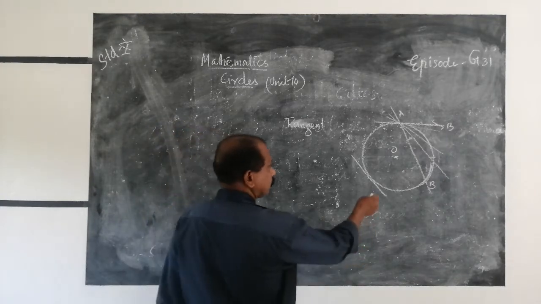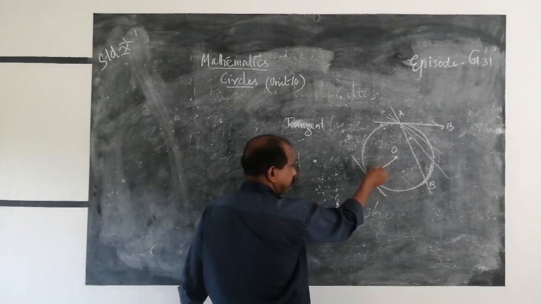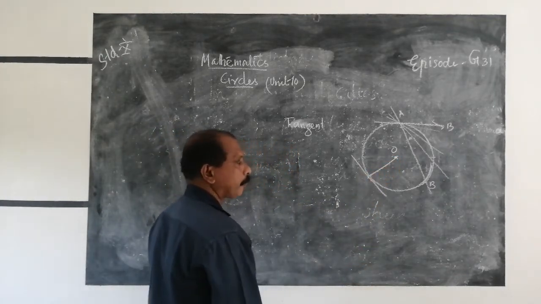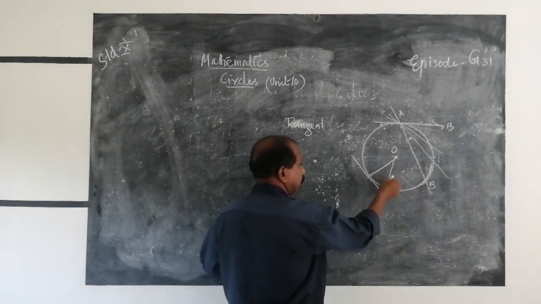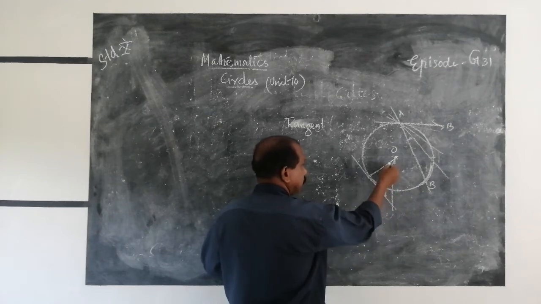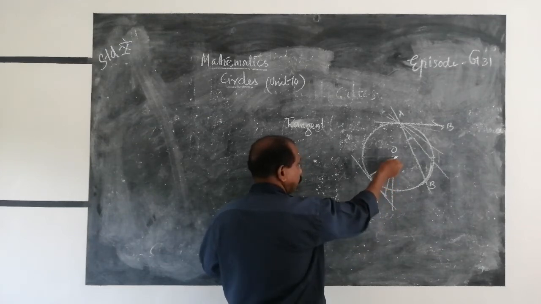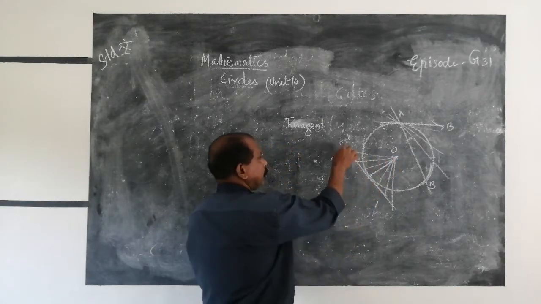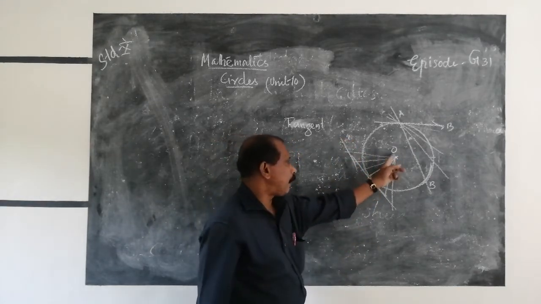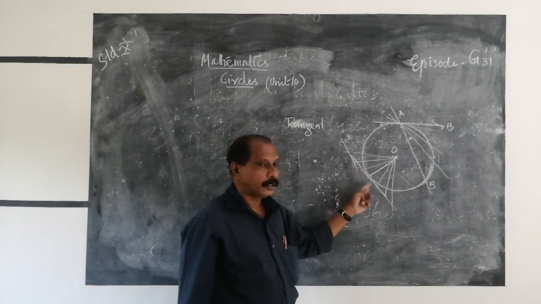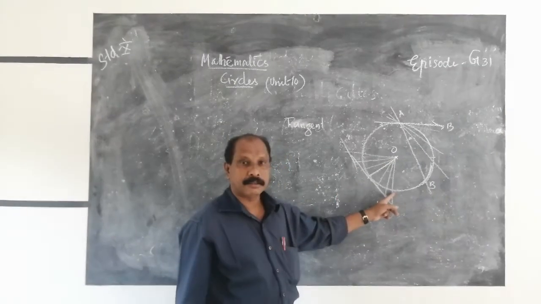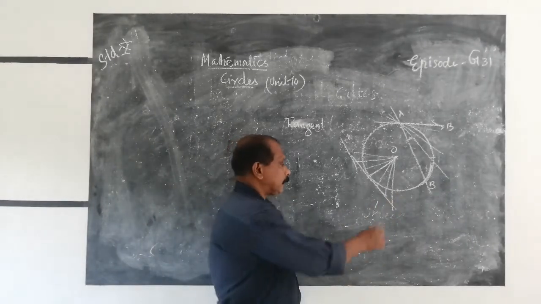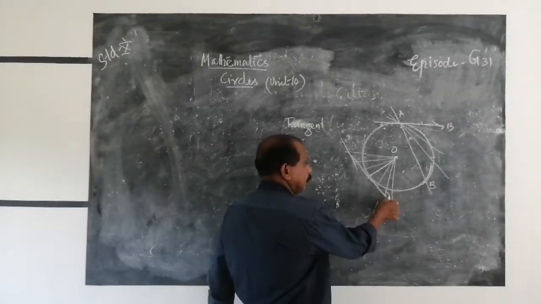Then we know that this is the radius segment, and these are the lines, similarly these lines. That means these lines cut the tangent, and these points are outside the circle. Therefore, this external angle is always greater.